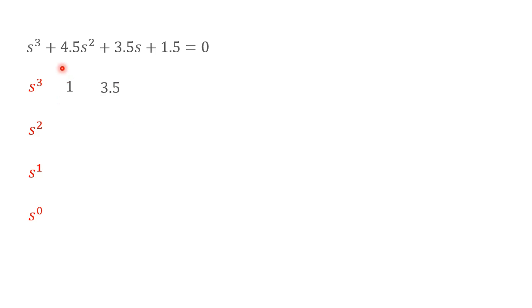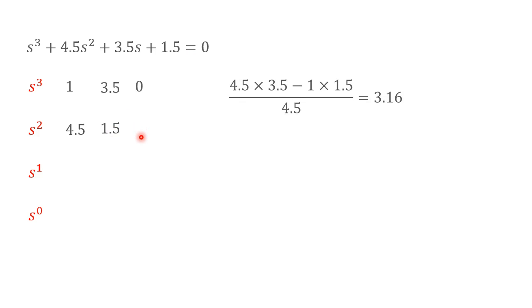And now we will move to s raised to the power 2. The coefficient of this is 4.5, so we are going to write 4.5 here and 1.5 here and 0 here. We are getting 0 over here. Okay. So now let's see about this term. What will come at this place?